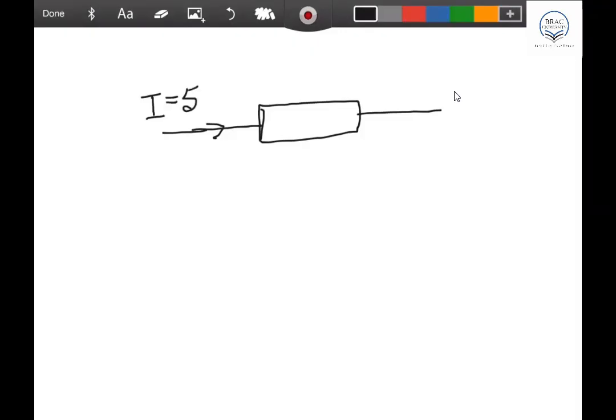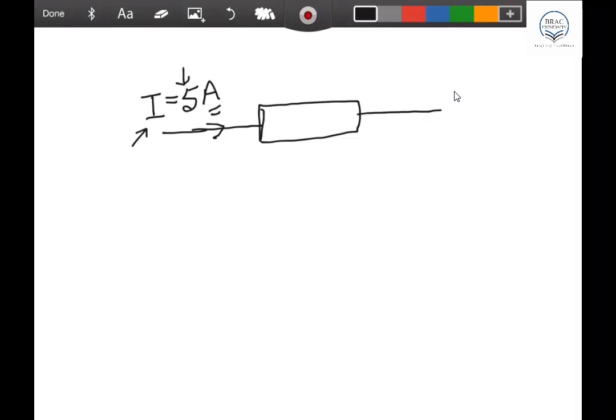Maybe we can say there's a 5 ampere current flowing through the conductor. So you all know that A is the unit for the current, I is the symbol of the current, and 5 is the amount. So we can say 5 ampere current flow, 10 ampere current flow.